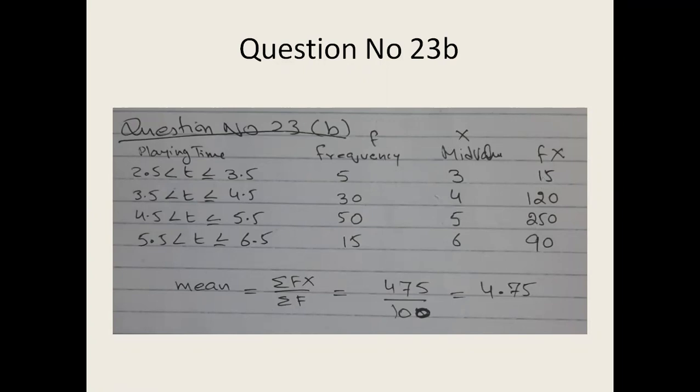So add this column up. 15 plus 120 plus 250 plus 90, and that will be 475, divided by summation f. 5 plus 30 plus 50 plus 15, and that's 100. So 475 divided by 100, that will be 4.75. So that's the mean of this data.